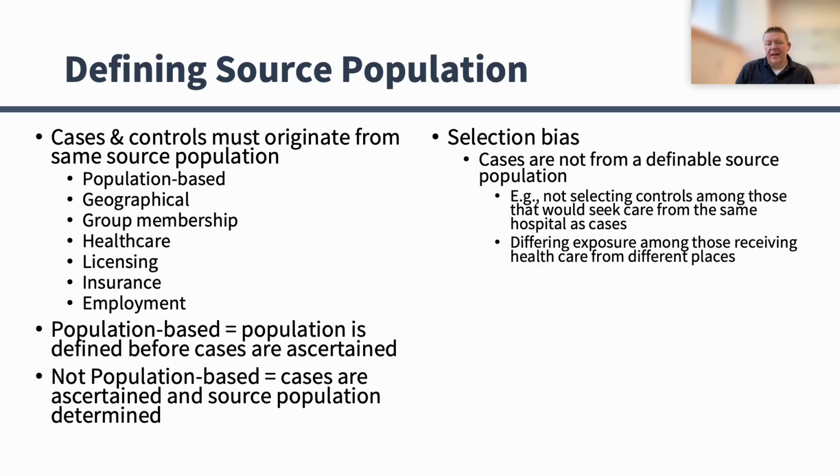We also have to note, if we're choosing people from differing locations based on hospital use, maybe we have multiple hospitals we're drawing our records from, that could be a problem for differing exposure among those receiving healthcare from different places, just because of who is visiting those different places. And so defining that study population gets more complicated.